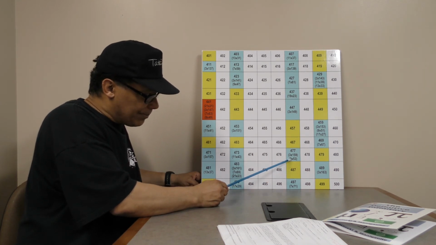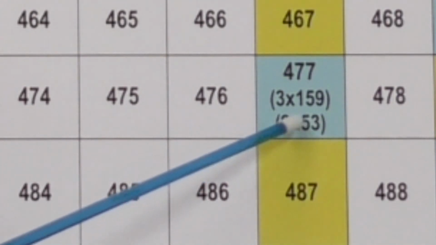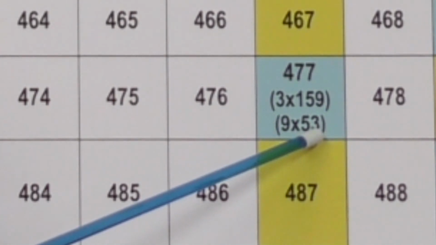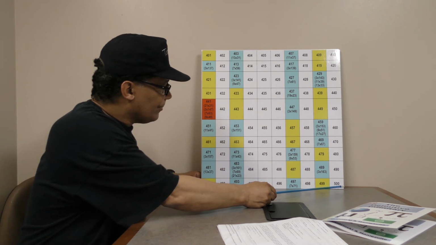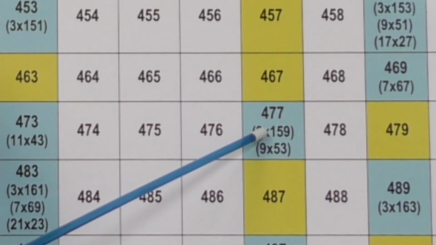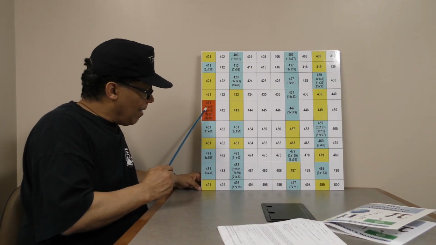We notice that just before 487, we've got 9 times 53. So 9 times the number that follows 53, 57, is going to get us off the board. So 9 and 3 are already eliminated. So we have to work our way up to 21.